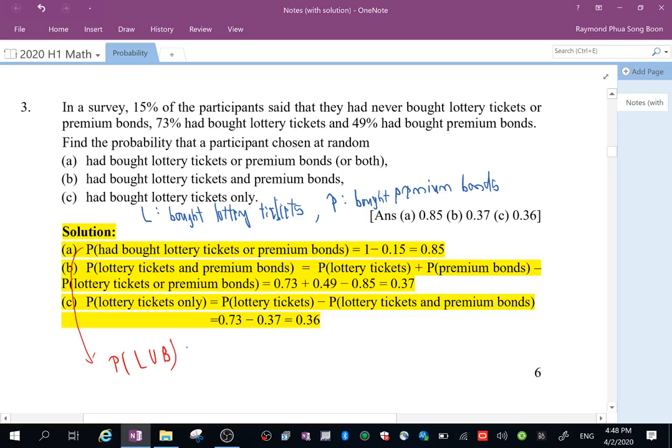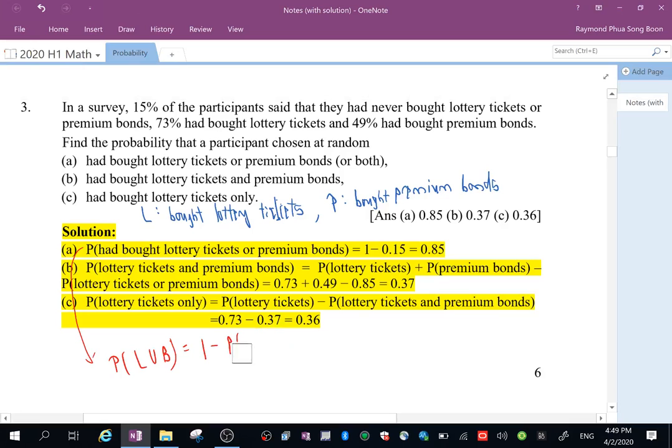All right, so how do we work this out? This will be equal to 1 minus the probability of this particular participant having never bought lottery tickets or premium bonds. So that means it is L prime intersect P prime.